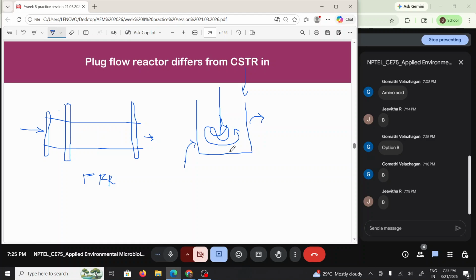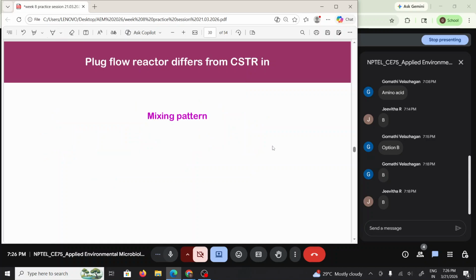So this concentration difference is the key between the PFR and CSTR, and that arises from the fact that there is no axial mixing in PFR, whereas there is mixing in the CSTR. The mixing characteristics are the key difference between a PFR and a CSTR. I hope it was clear. If there are any doubts, please post in the chat box.